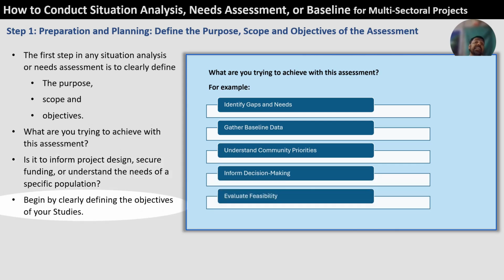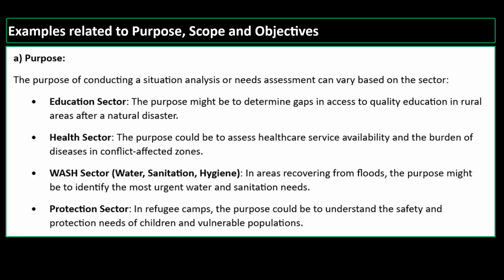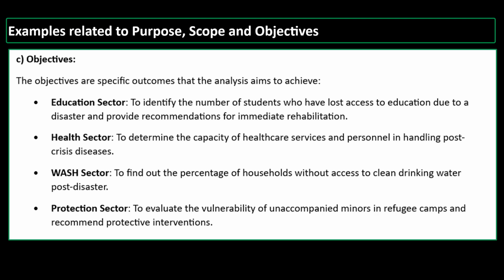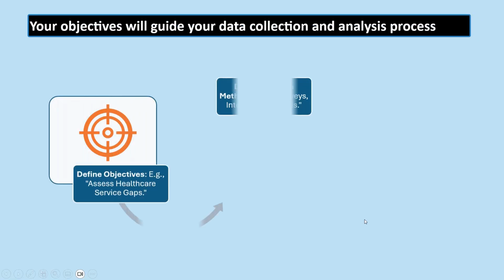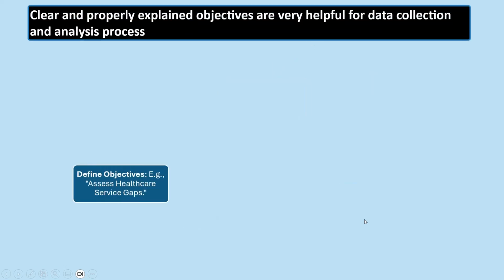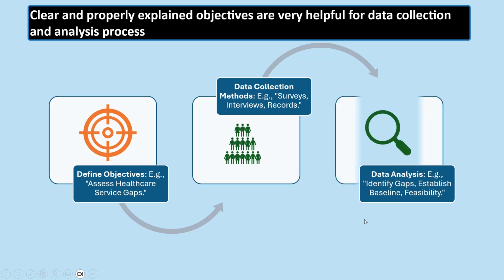Begin by clearly defining the objectives of your situation analysis or needs assessment. Your objectives will guide your data collection and analysis process. If you set clear, properly explained objectives, that will help in the data collection and analysis stage of these studies.